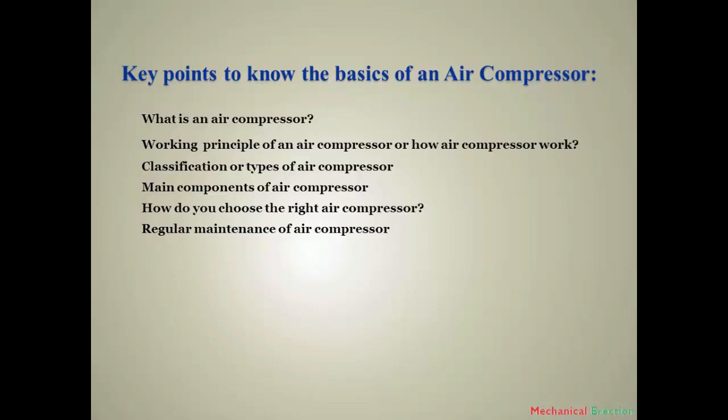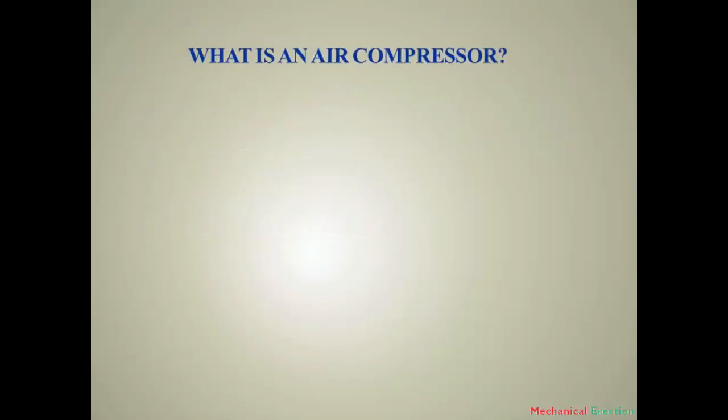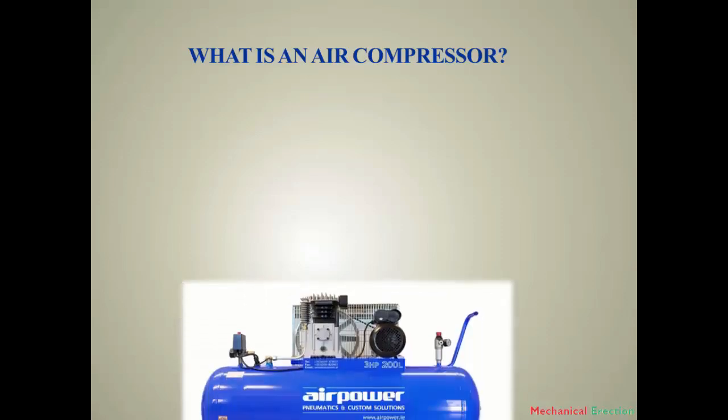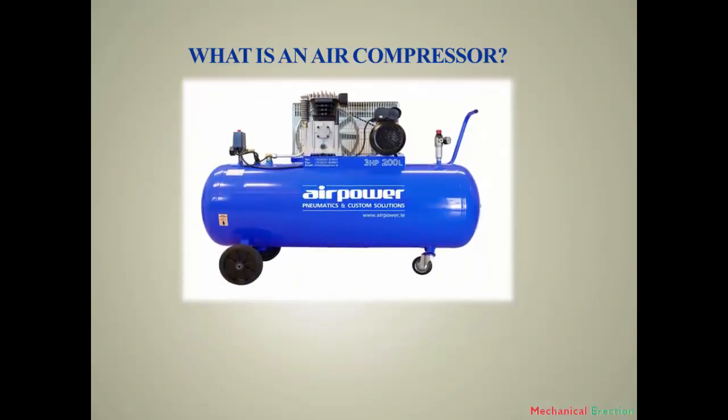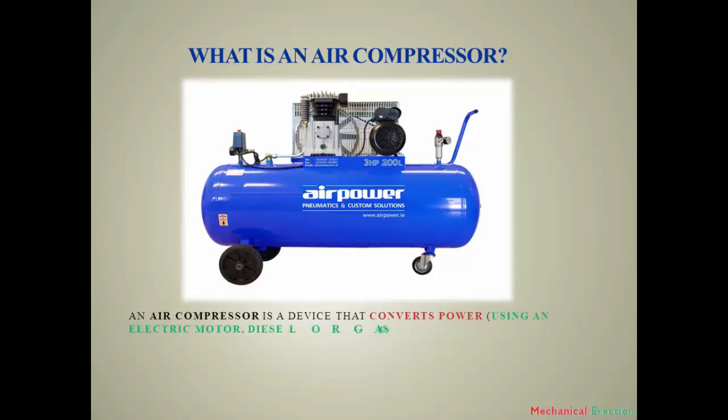If you know these points, I'm sure you will be able to explain to anyone what an air compressor is, what the principle is, the classification or types, main components, and how you choose the right compressor. So now we'll see what a compressor is. An air compressor is a device that converts power into potential energy stored in pressurized air.